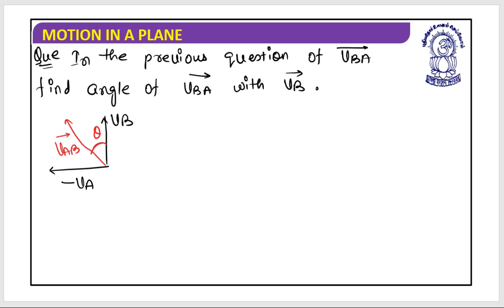So what I can do is, let's say this is minus of VA, this is vector B, the velocity of B, this would be the VAB, this is theta, and this will also be minus of VA.